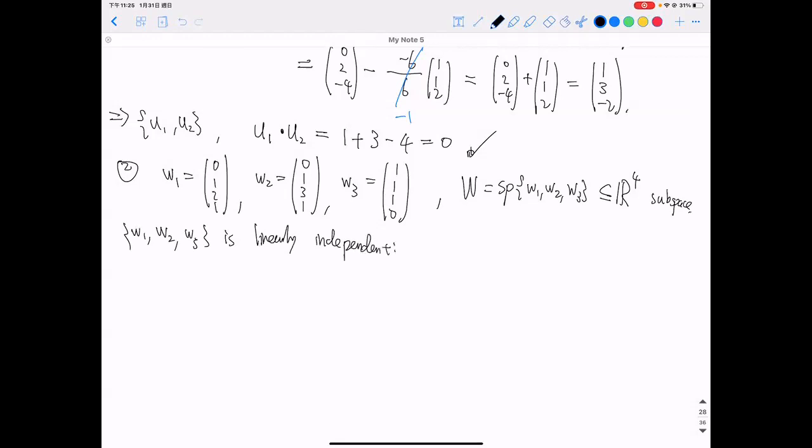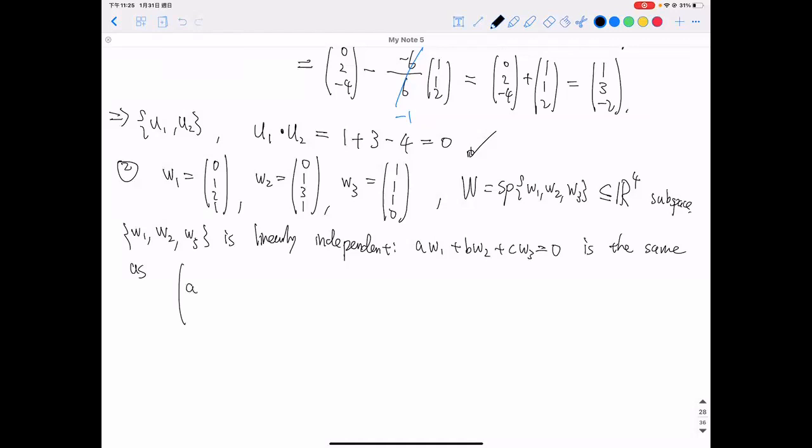And that's a straightforward thing to check, but it still needs to be checked. So we do that. So we consider the linear combination AW1 plus BW2 plus CW3 being 0. This is the same as what we get by writing it out explicitly.